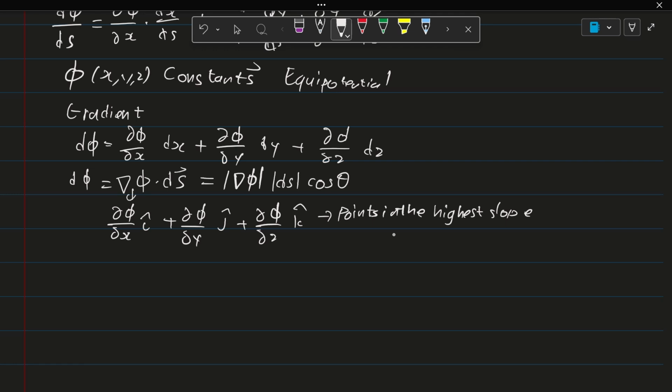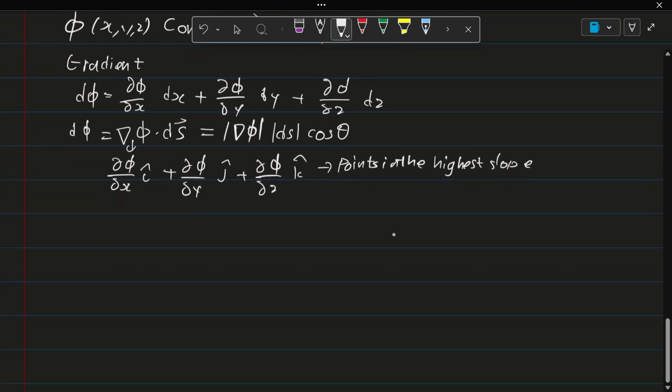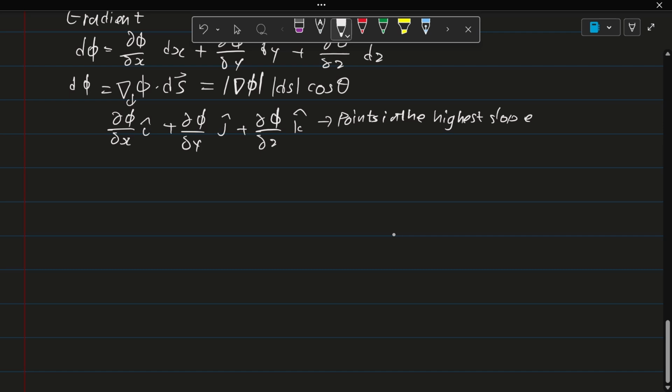But what about if we think about the gradient in the spherical polar coordinates? So you could re-express your d phi into each of the coordinates. So we'll use a different phi. We'll use this phi, okay? So it's d phi over dr, which is the distance from the origin.